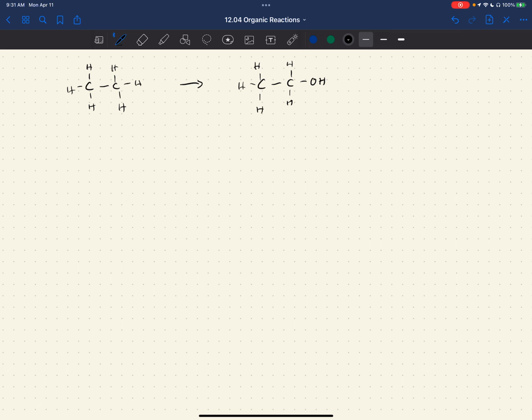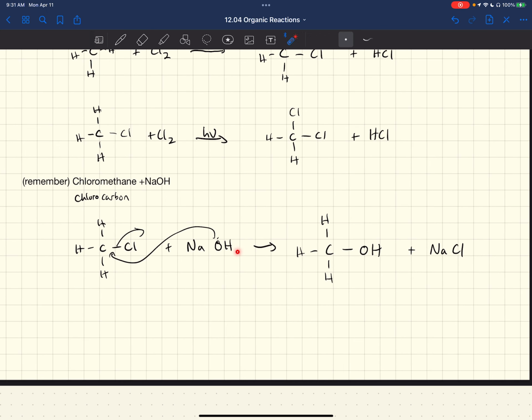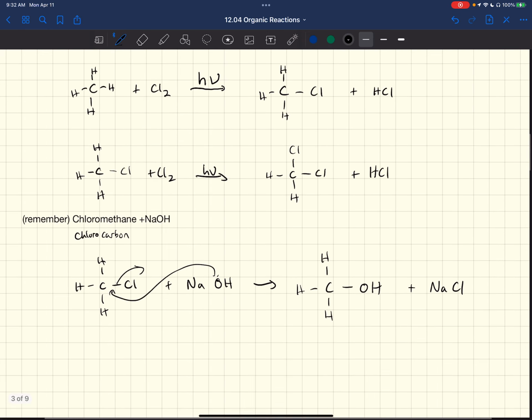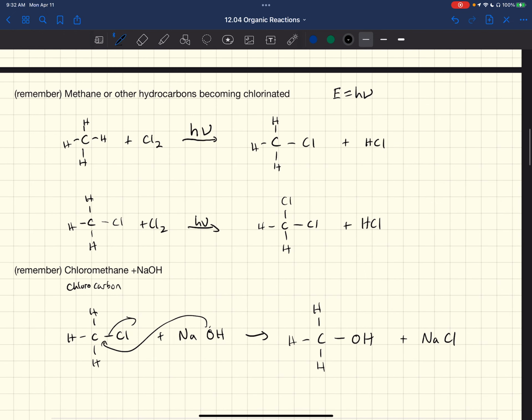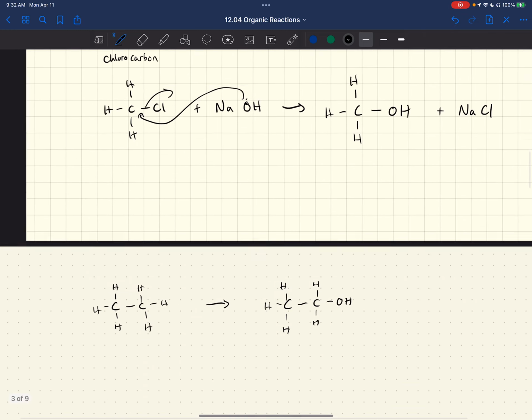Well, how could I do that? That's a good question. I can't do it in one step, right? This reaction needs a chlorocarbon, which I don't have. But I can chain the two things that we have together, the halogenation and the chlorocarbon reacting with sodium hydroxide.